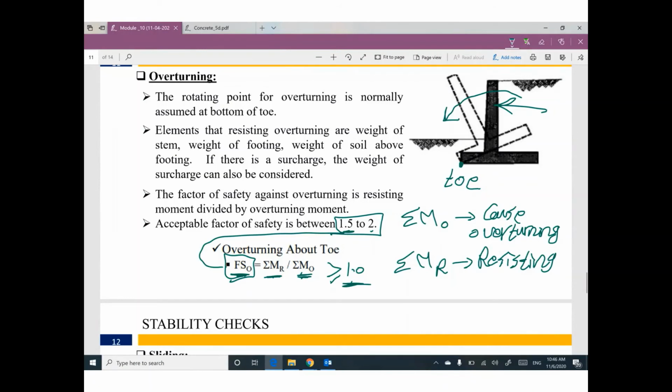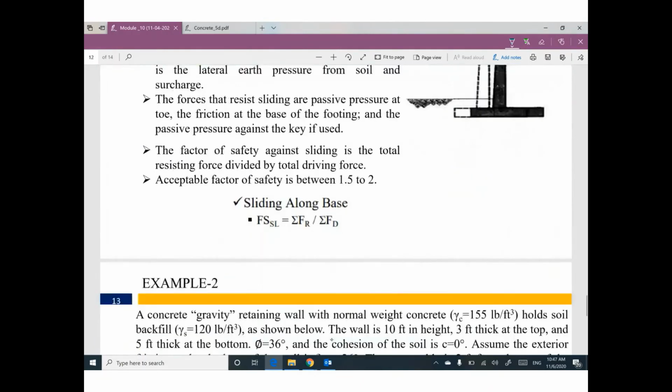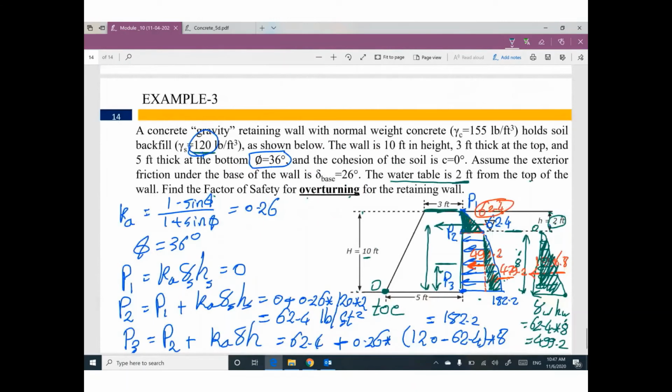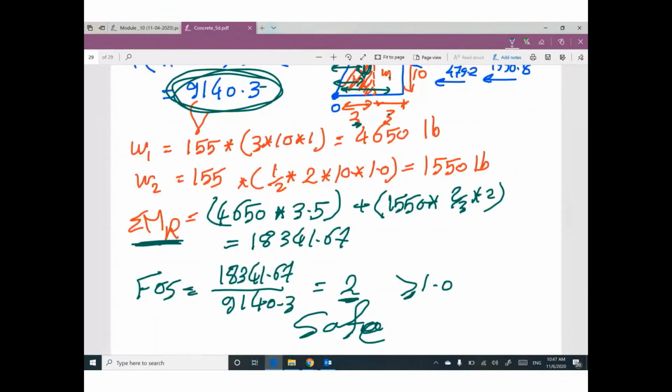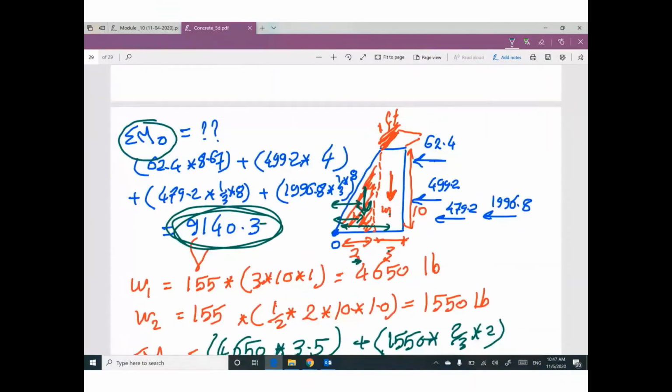So guys, if you have a retaining wall and you need to check for overturning, you need to do all of these steps. First, you need to figure out the lateral pressure. Second, the lateral pressure about this point will cause overturning moment. The weight of the retaining wall, and probably the weight of some of the soil, will cause resisting moment.